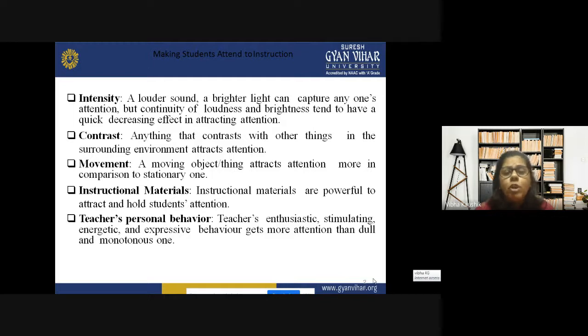Movement: a moving object attracts attention more in comparison to a stationary one. Instructional method and instructional material are powerful to attract and hold students' attention. Teacher's personal behavior: enthusiastic, stimulating, energetic, and expressive behavior gets more attention than dull and monotonous behavior.